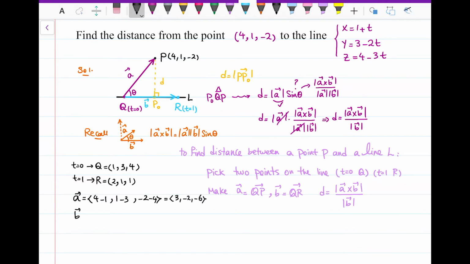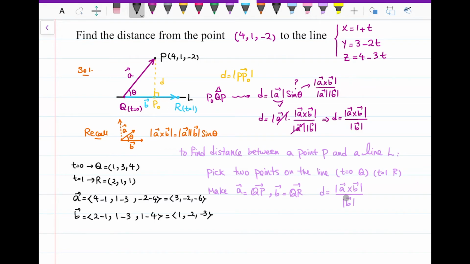For the vector B, B is another vector, which would be the end point R minus the beginning point Q. So I have 2, 1, 1 minus Q, which would be negative 1, negative 3, and then negative 4. So I have 1, negative 2, and negative 3.